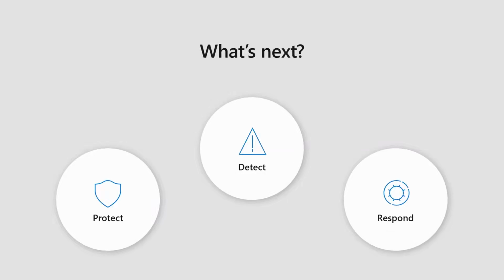So I wanted to spend just a few minutes talking about what's next. We might have a few minutes at the end to have a quick discussion around it. In terms of what's next for graphs, there's quite a bit of investment going on in that detect pillar, the middle part of the security lifecycle.